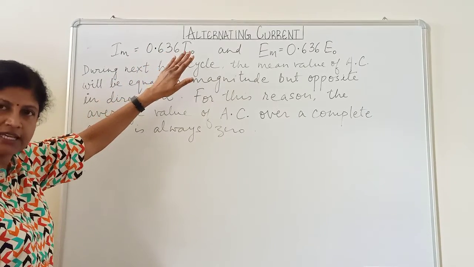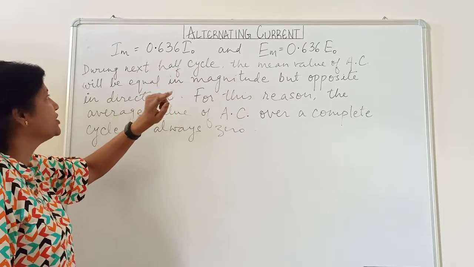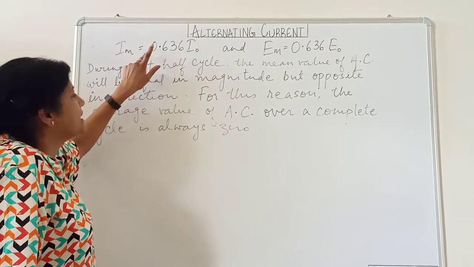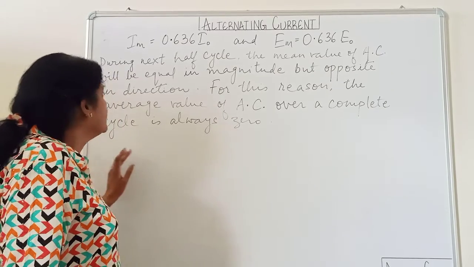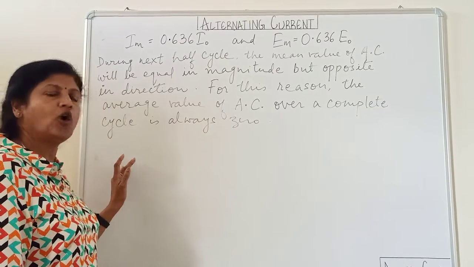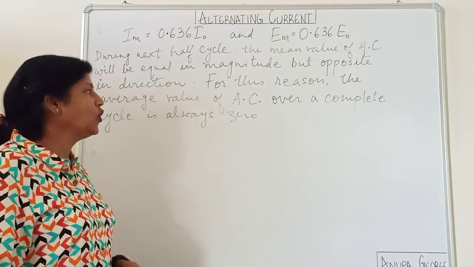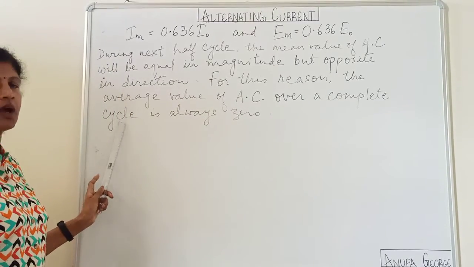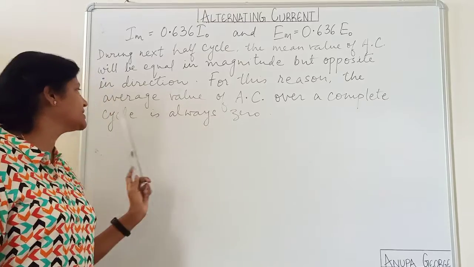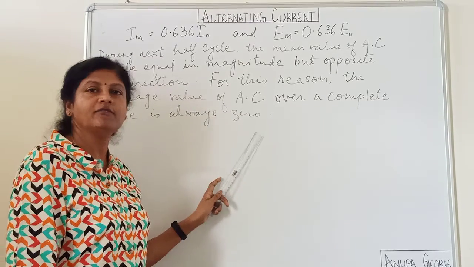Magnitude will be the same but in the opposite direction, that's why we will get it with a negative sign. For this reason, the average value of AC over a complete cycle is always 0.